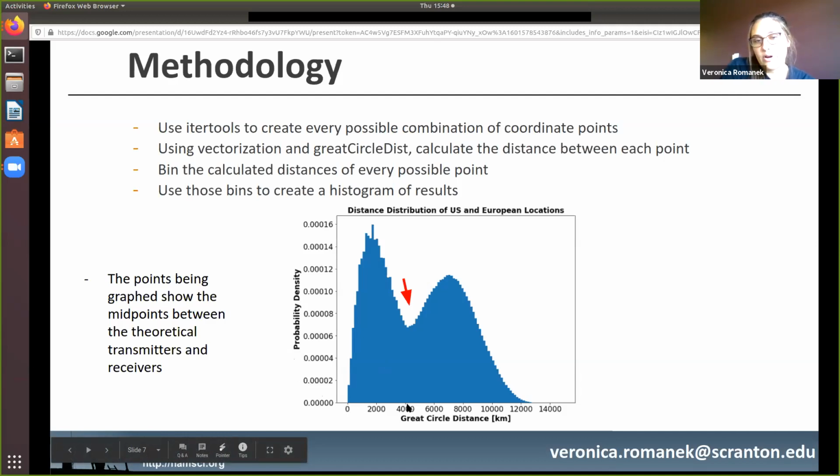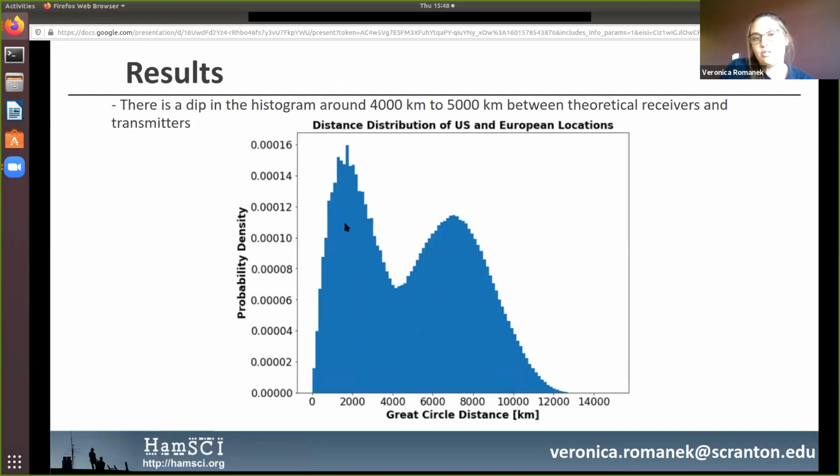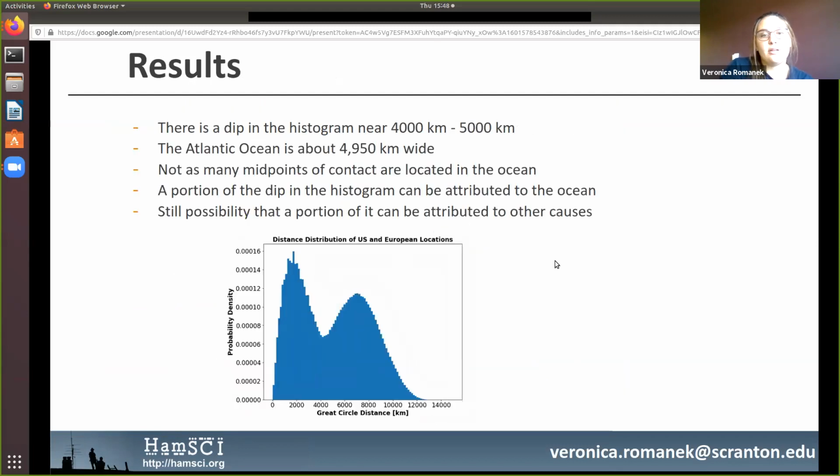And around 4,000 kilometers, there's a significant dip in the graph. This is just a little bigger. There's the dip. And the ocean is roughly 4,950 kilometers wide. So that's around the same range we're seeing the dip in the histogram.